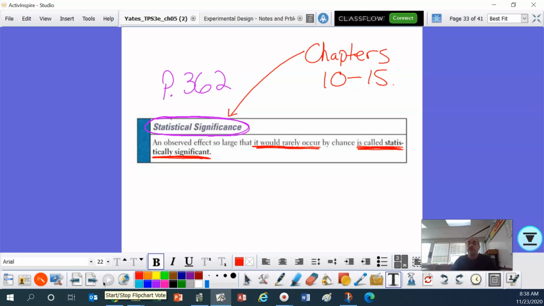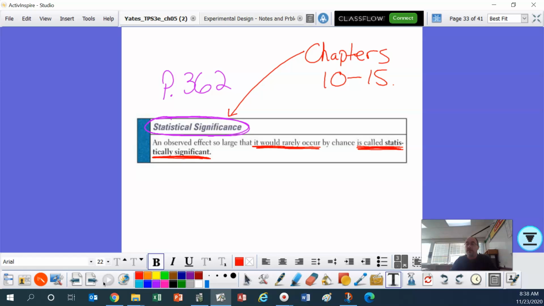Now, on page 362, it talks about statistical significance. Folks, that's where we get into it heavy and hard for chapters 10 through 15. Okay, we're on chapter 5 now, so we've got a few things to go through yet. We've got to get through probability. We've got to get through doing sampling correctly and all of that.